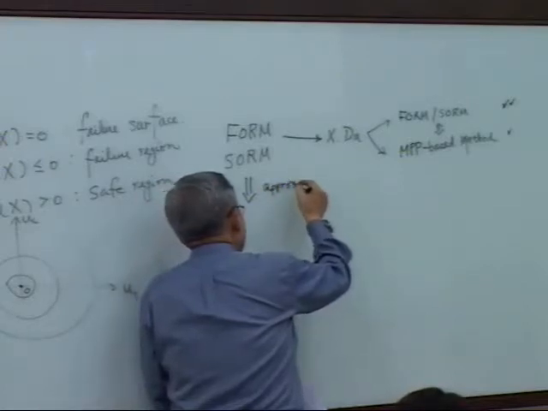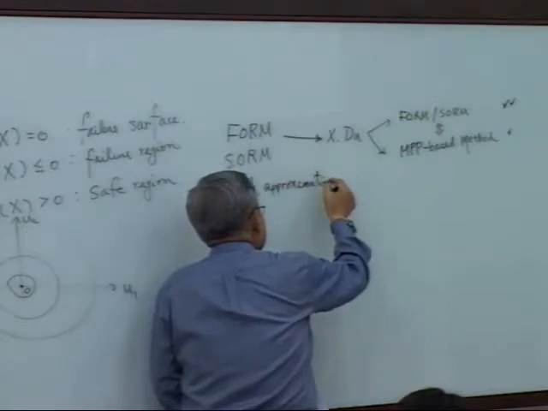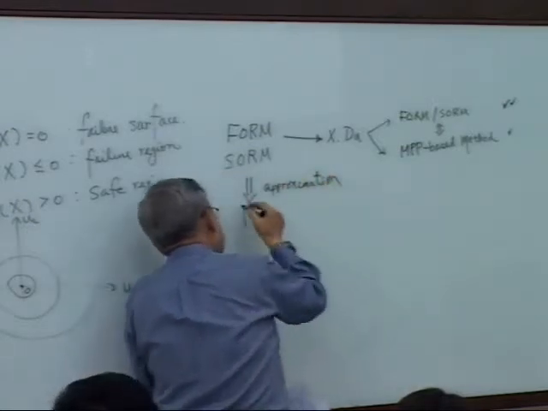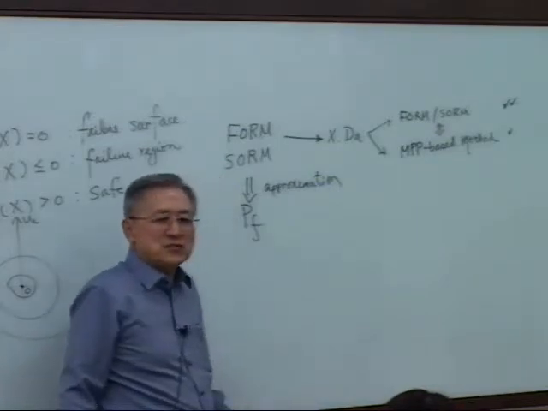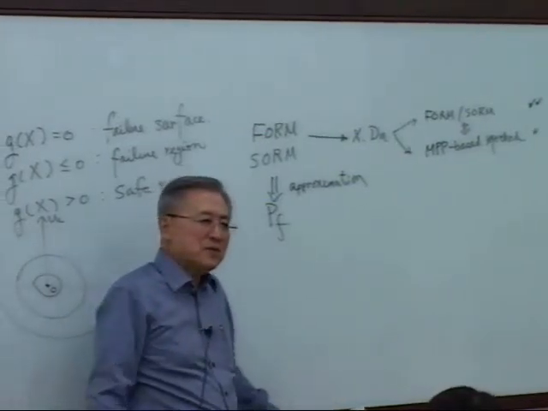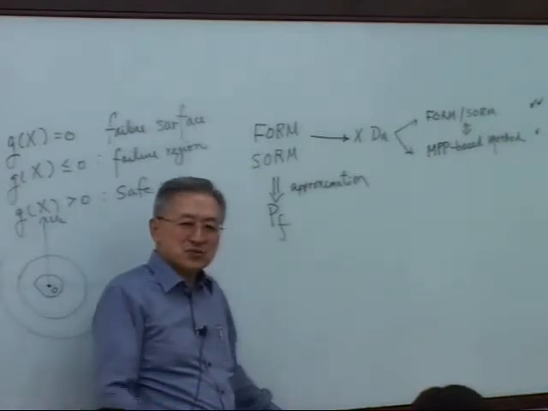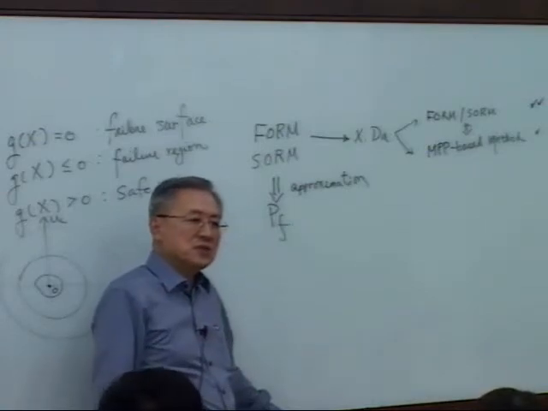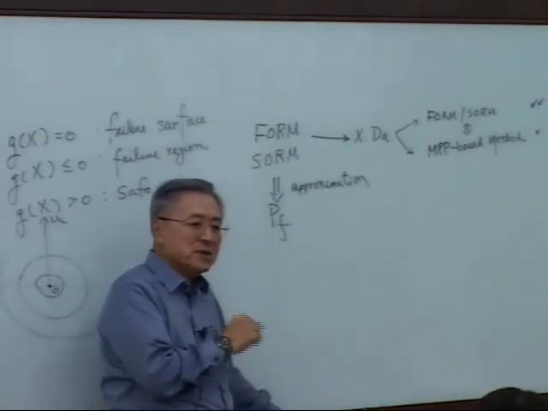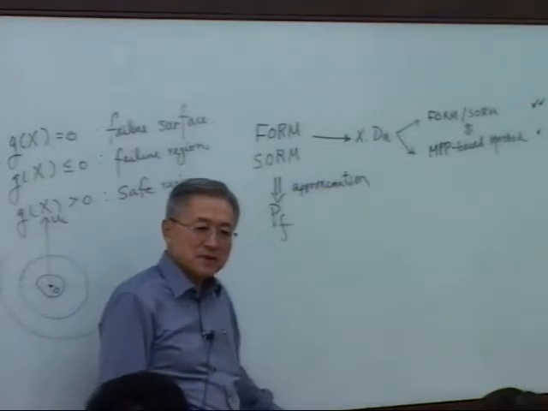So the whole idea is the approximation. This is using all the approximation to solve nothing but PF. This is the destination, to compute the PF. Whether this is process reliability or structure reliability, your destination for analysis is to compute the PF.